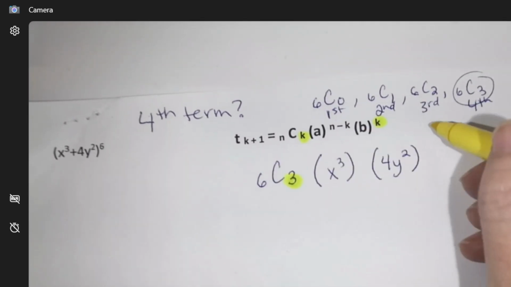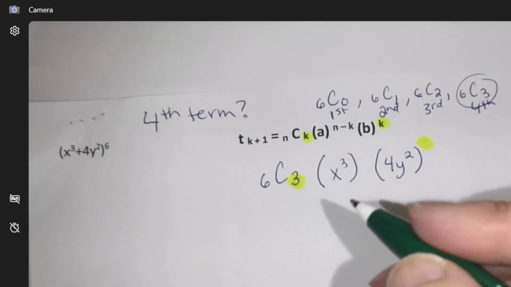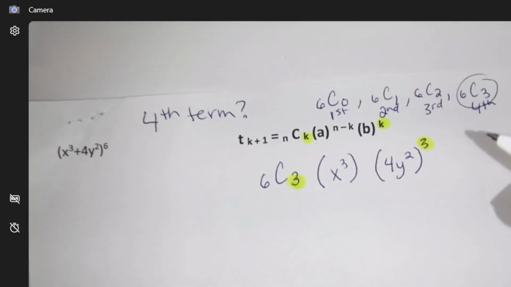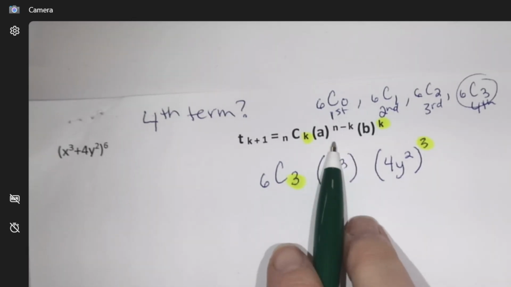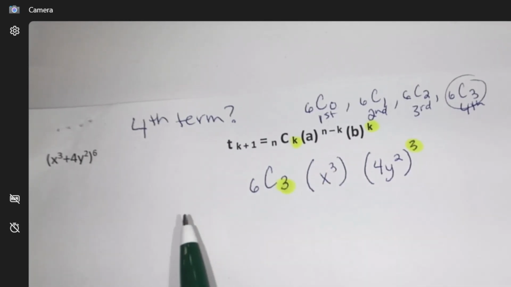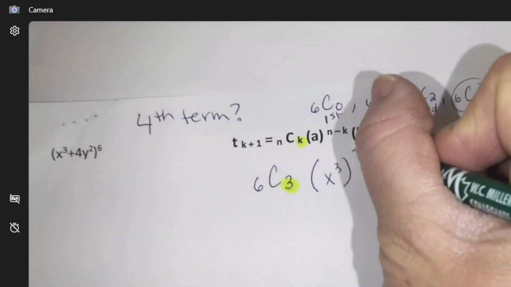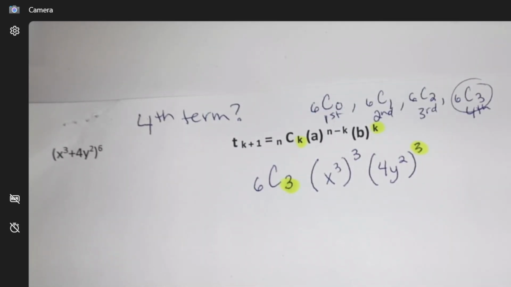So this choose number has to match that exponent number. So if this is a 3, then this is an exponent 3. And then the subtraction exponent. So my total exponents have to make 6. So then this would also be a 3. So that I have a total exponent of 6. Okay, that's it. Go ahead.